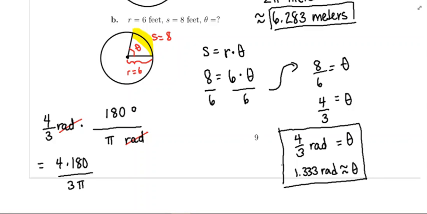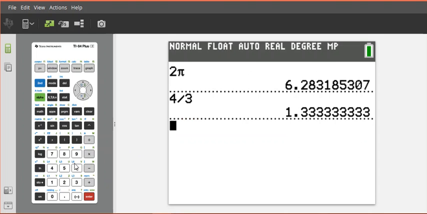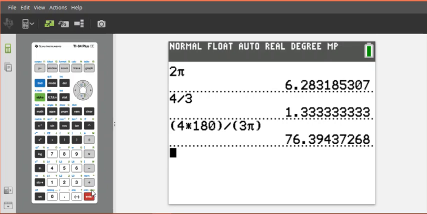We're going to have to go to the calculator to figure out what this is. So I'm going to do 4 times 180 divided by 3 pi. I'm being really careful here, putting the numerator in parentheses and the denominator in parentheses just to make sure that the calculator calculates this correctly. So there's your decimal approximation.